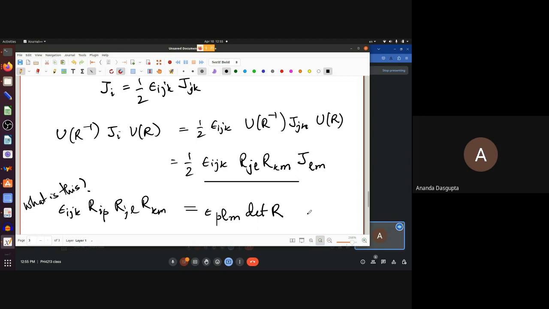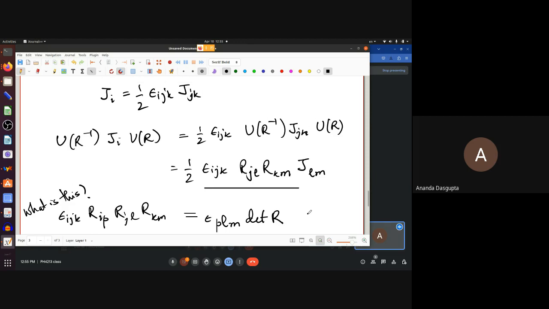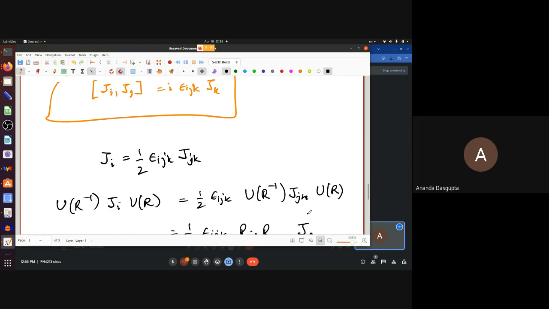Now, using this result, you should be able to convince yourselves that this quantity, half epsilon ijk Jjk, which is basically J1 elements with J12 minus J21, J13 minus J32, and so on, basically is a vector.